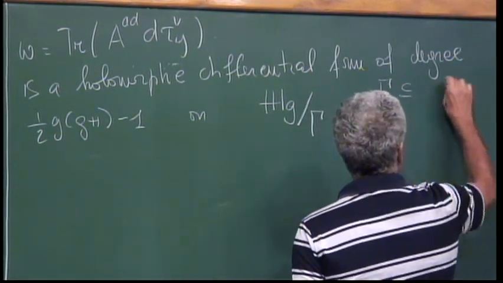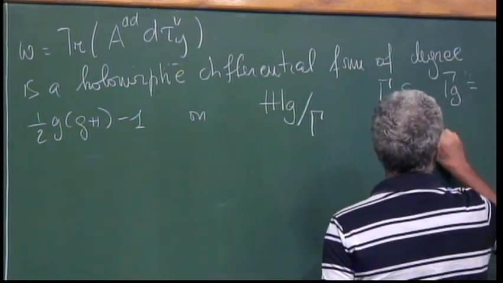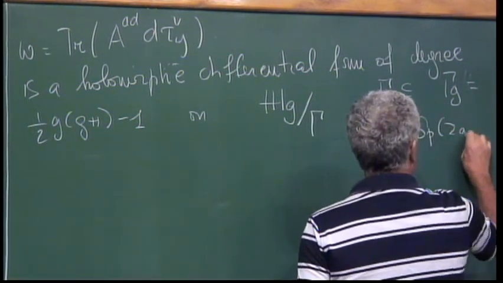Gamma is contained in Gamma_g, which is equal to Sp(2g, Z).